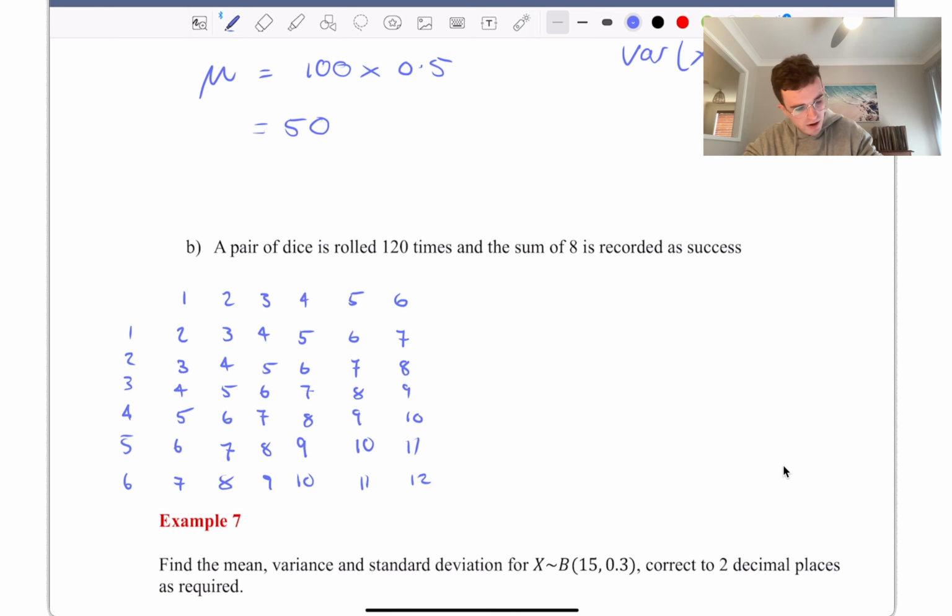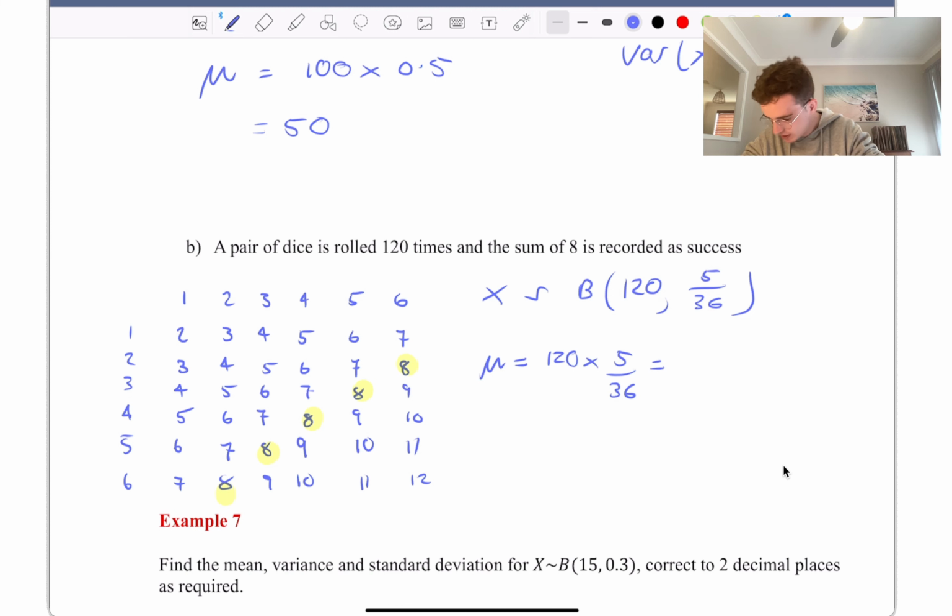So we've got 36 outcomes, and the probability of getting an 8, there's 1, 2, 3, 4, 5 of them. So this is a binomial distribution where there's 120 trials, and the probability of success is 8 on 36. No, sorry, 5 on 36. So we want to know the mean, first of all, is equal to 120 times 5 on 36, which of course is 50 on 3.